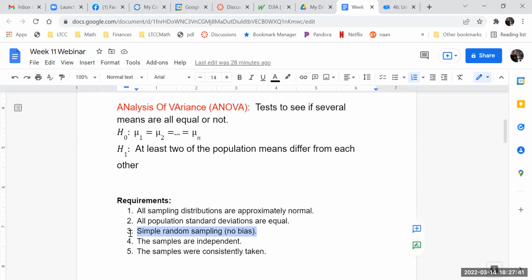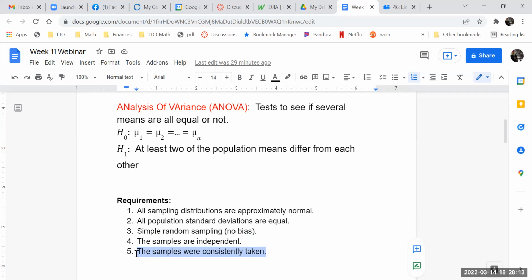If you have a lot of bias, you should never publish it or use it for anything because it's worthless. Might be fun, but that's about it. So bias is bad. If the samples are dependent, you take another statistics class and learn which test to use for dependent data. And if the samples are not consistently taken, then you need to start over and redo it with consistent samples.